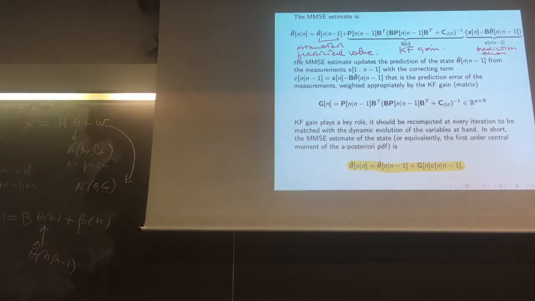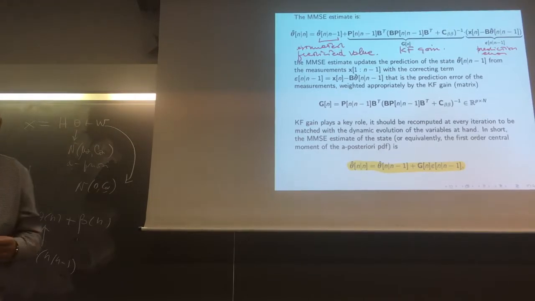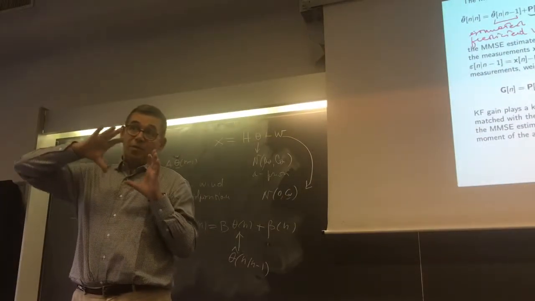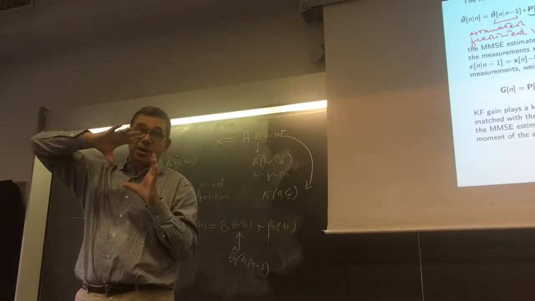The theta hat at iteration n, given all the observations up to n, is equal to the predicted value plus a correction, which is given by a gain, g, that is computed there, multiplied by the error. The error is the prediction error. So I assume I predict, but by predicting I make an error, and this is mapped into there. That means that what I do, I have the a posteriori with a certain uncertainty.